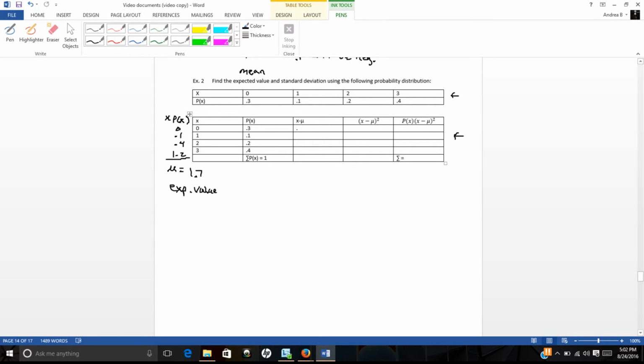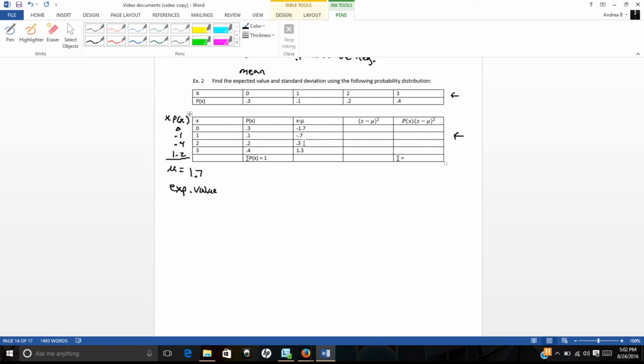We'd have negative 1.7, and then a negative 0.7, because you always do the value minus the mean. Remember, the first one is 0 minus 1.7, then 1 minus 1.7, which was the mean. And then the next one we should get 0.3, and then 1.3 for those values.